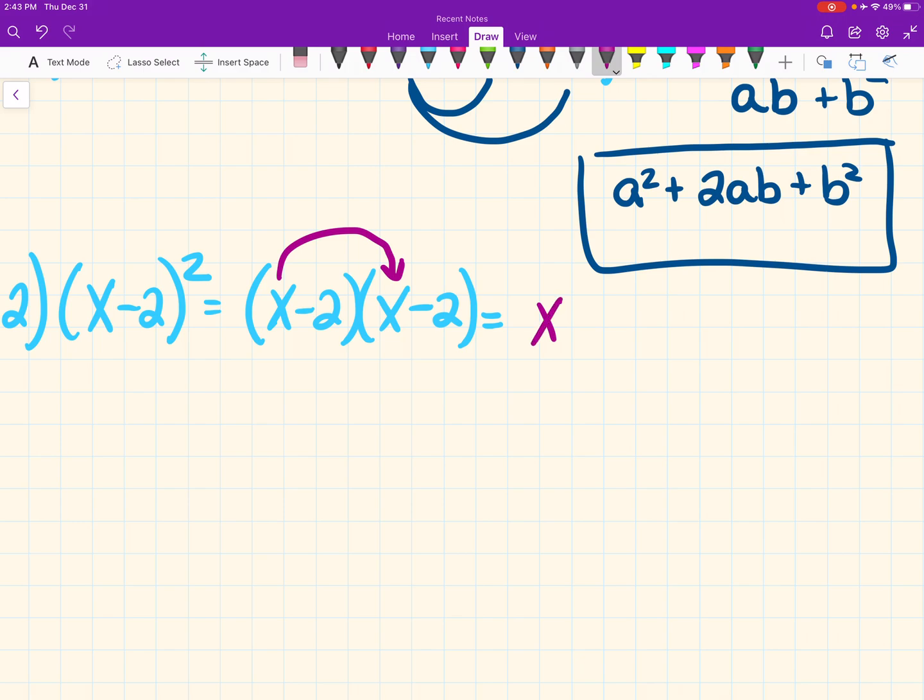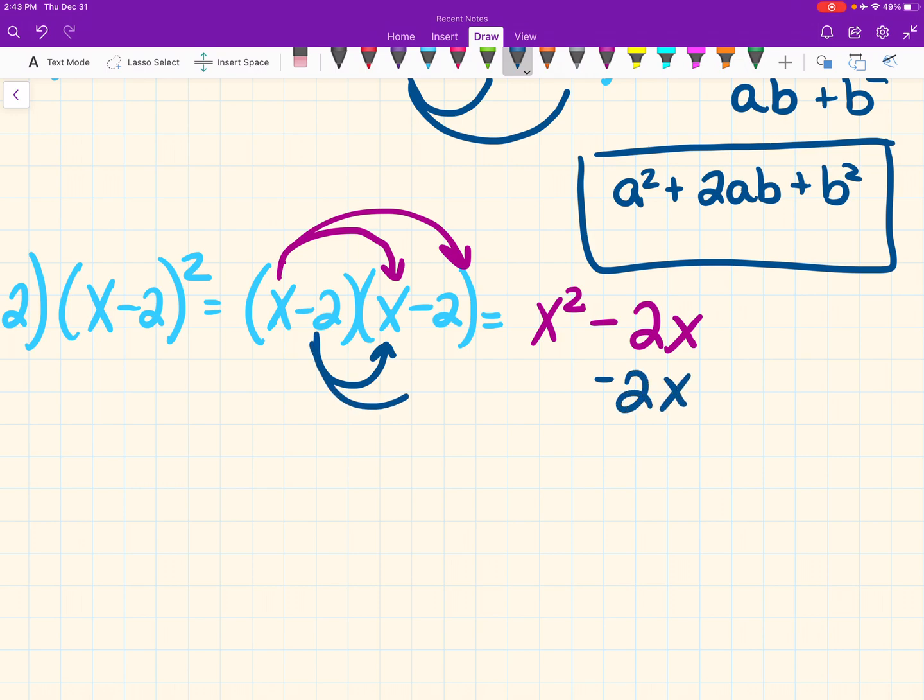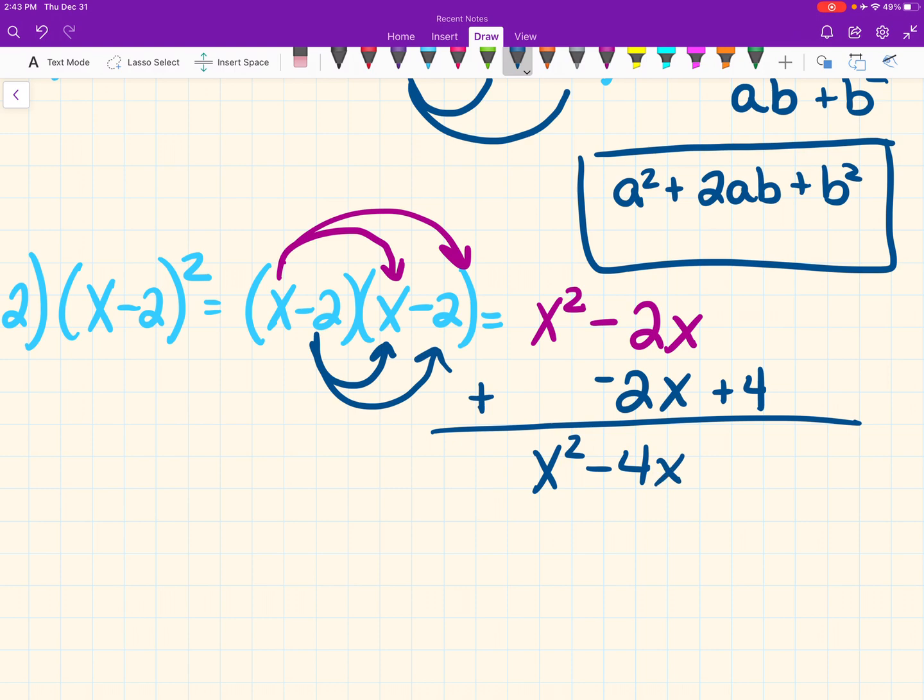So x squared minus 2x, negative 2 times x is again negative 2x, so I'm stacking that where it belongs. Negative times a negative is a plus 4. I add them up and I get x squared minus 4x plus 4.